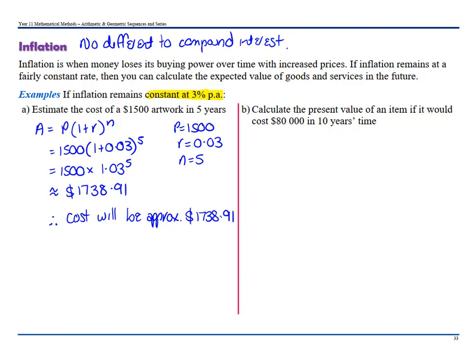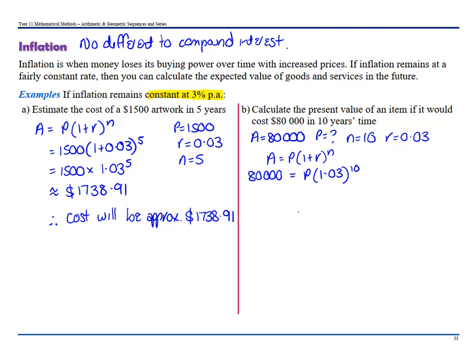Calculate the present value of an item if it would cost $80,000 in 10 years' time. So our amount now is 80,000. Our P, what it was originally, we have no idea. Our N is 10 and our R is still 0.03. So A equals P(1 plus R) to the N. So 80,000 equals P times 1.03 to the power of 10.